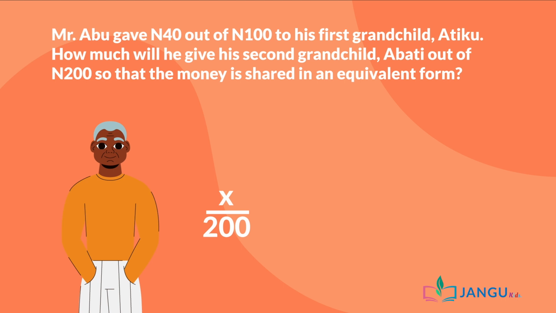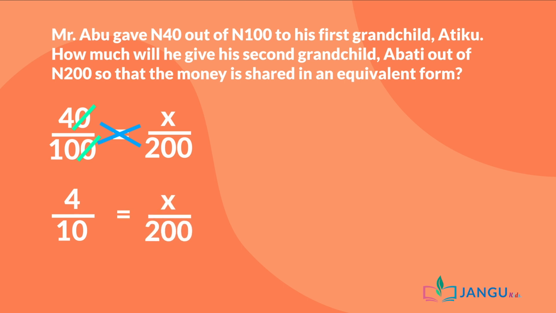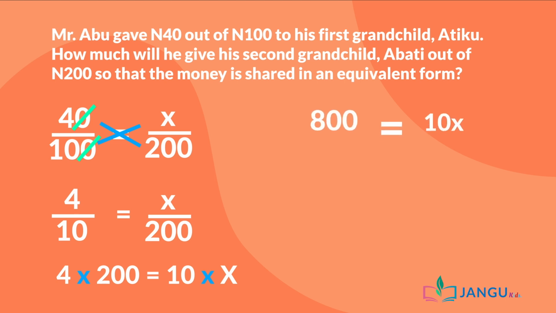Using the principle of equivalent fractions, we can say that 40 over 100 is equal to X over 200. From here, we cross-multiply in order to find the unknown value, X. These zeros can cancel out, leaving us with 4 over 10 is equal to X over 200. 4 times 200 is equal to 10 times X. 800 is equal to 10X.